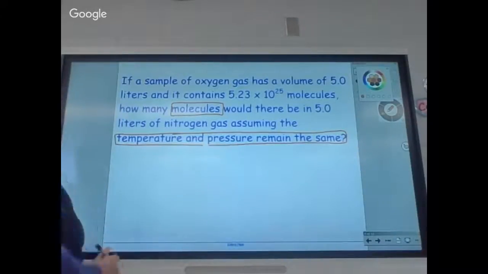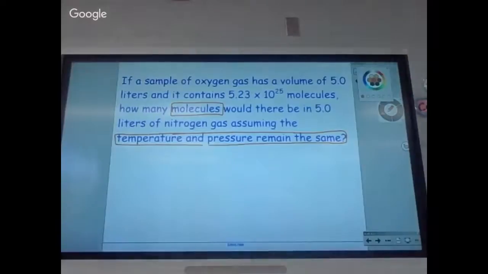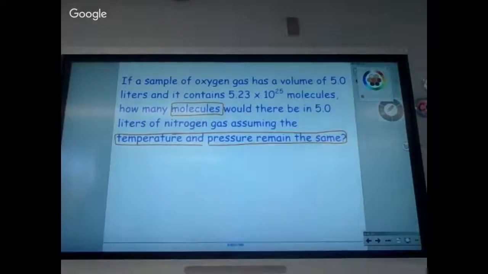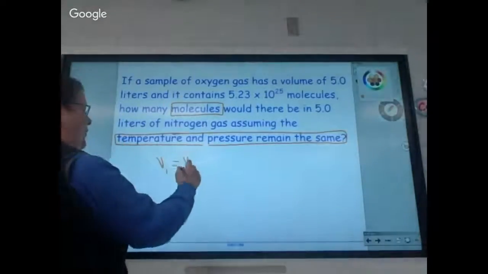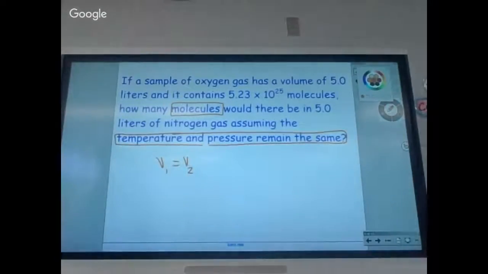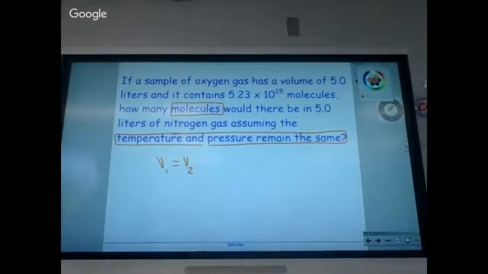But did we have any where both remain the same? No, you don't have any formulas where both of those remain the same. What formula are you going to pick if two of them are the same? Okay, so we got V1 equals V2. That's all we got. Okay, that's a really short formula.